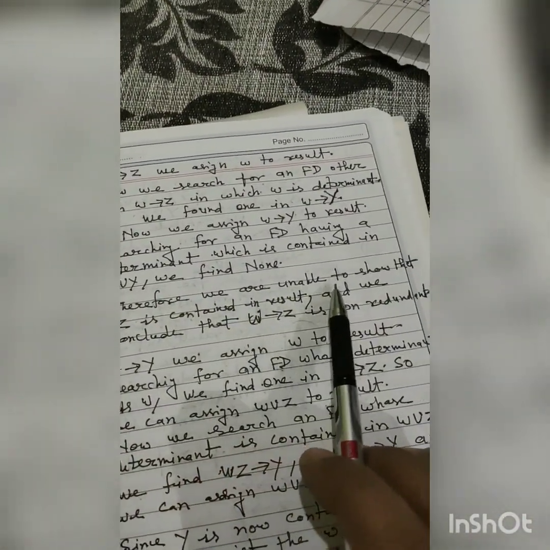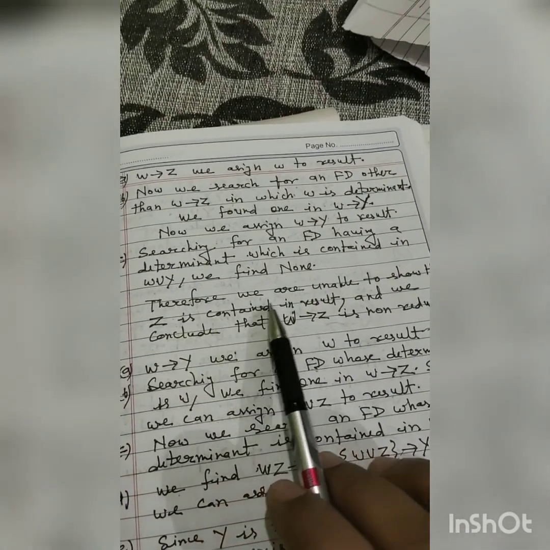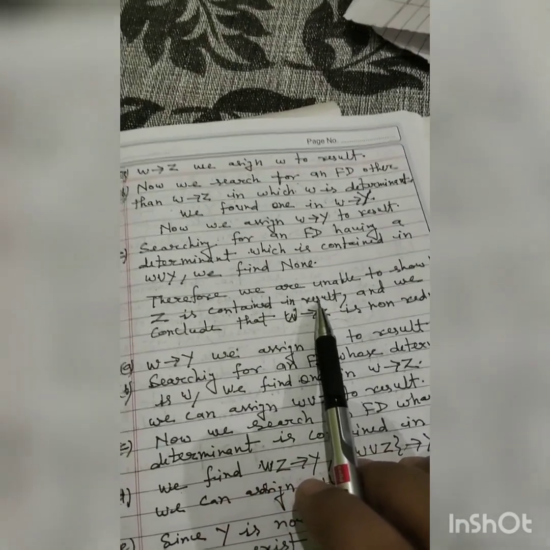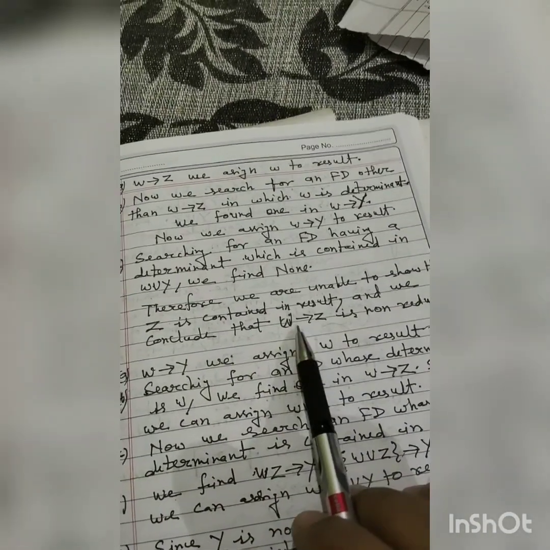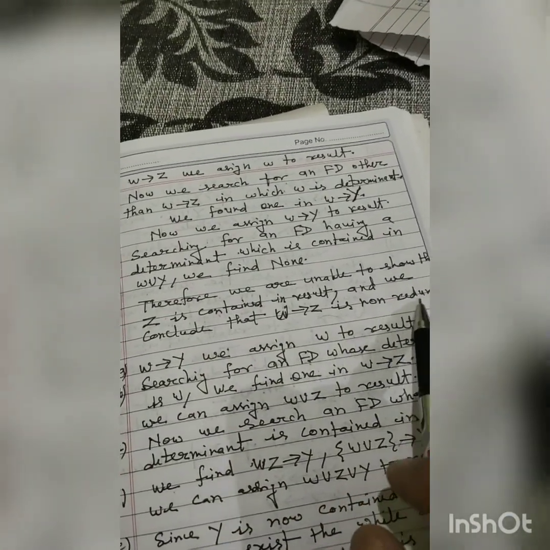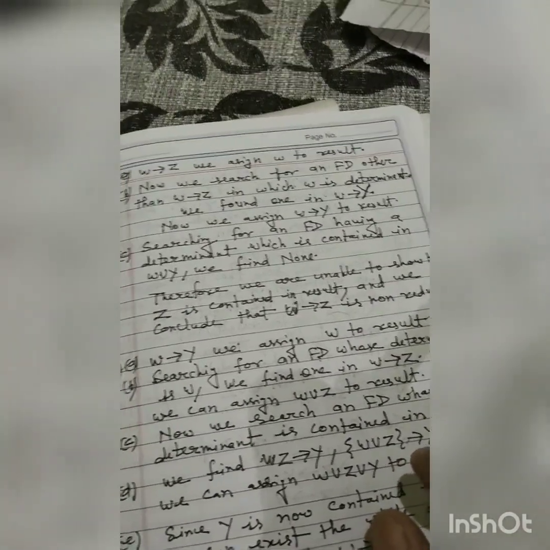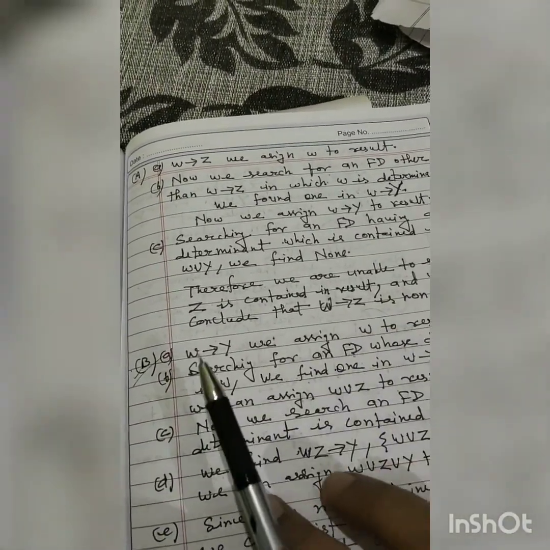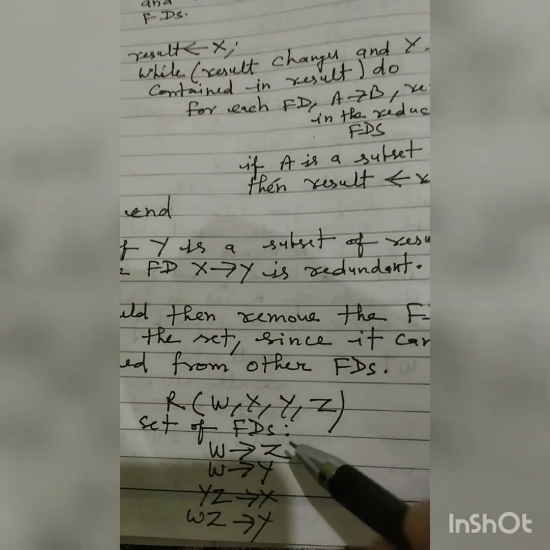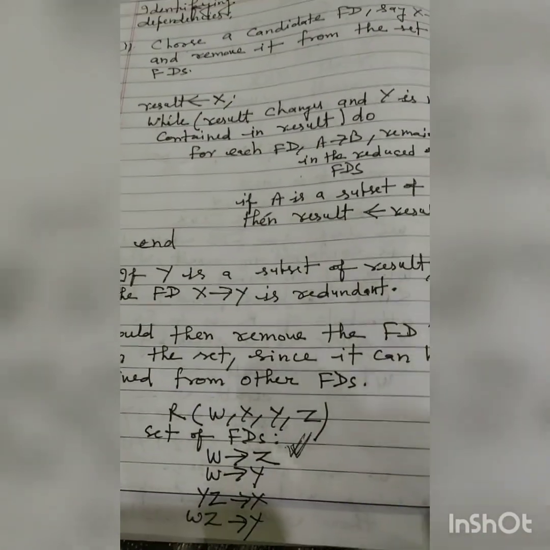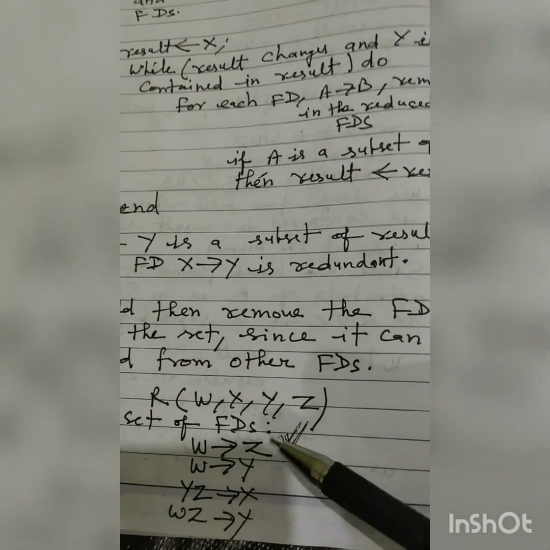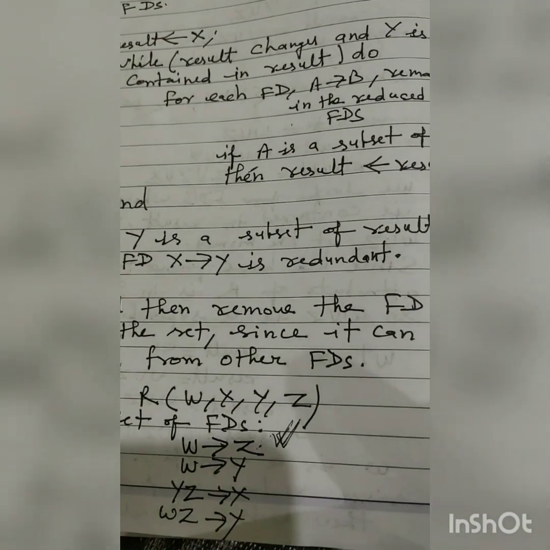Therefore, we are unable to show that Z is contained in the result, and we conclude that W to Z is a non-redundant functional dependency. So W to Z can stay in this set of functional dependencies because it is non-redundant.